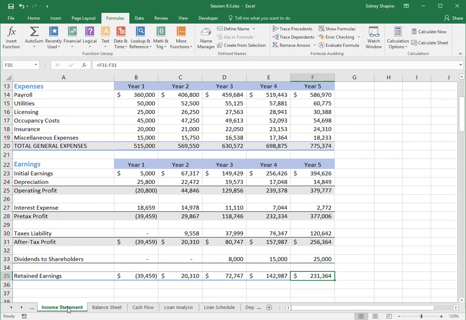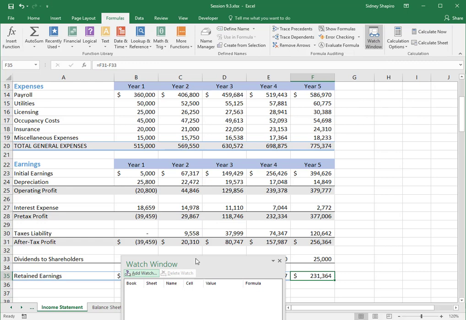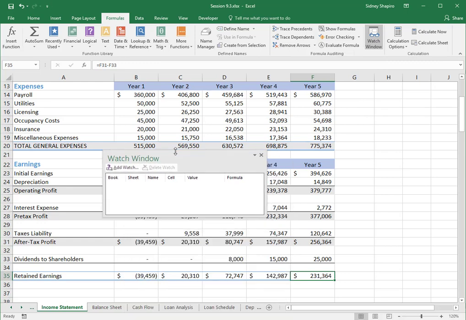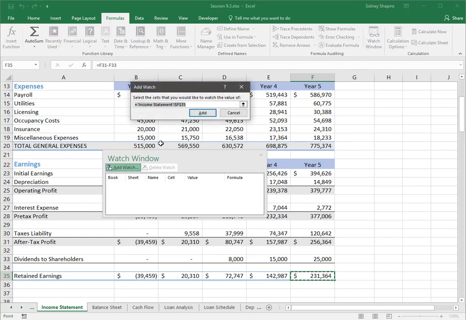So we're going to go to the income statement worksheet. Now we're on page 585 in the yellow box. On the Formulas tab, under Formula Auditing, we're going to go to Watch Window, the thing with the glasses over here. Okay, so we hit that, and we get this watch window. We're going to press Add Watch, and basically all this does is it keeps an eye on a particular cell and just keeps it updated.